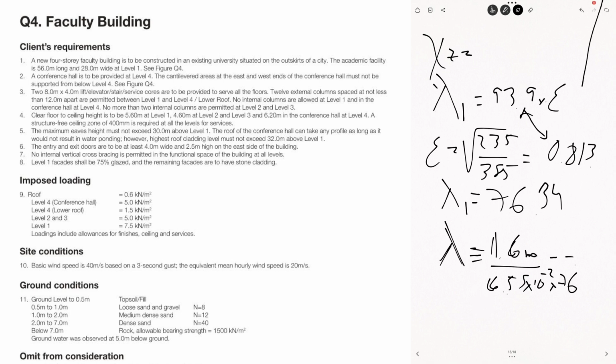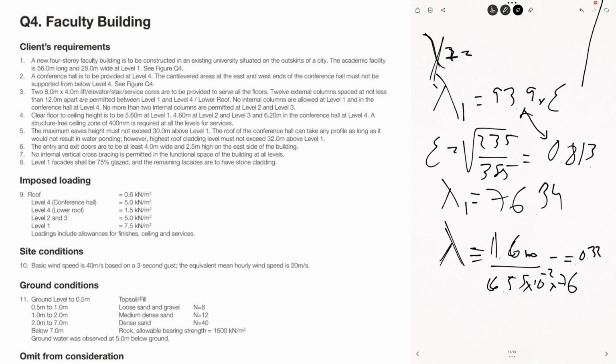So lambda equal 1.6 and 6.55, and then 76. And this is equal to 1.6 divided by 6.55, 10 divided by 76. This is 0.32.